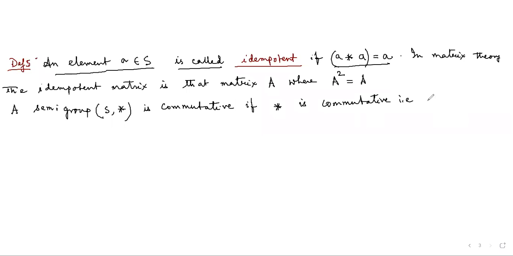That is, A star B is equal to B star A for all A comma B belonging to capital S.